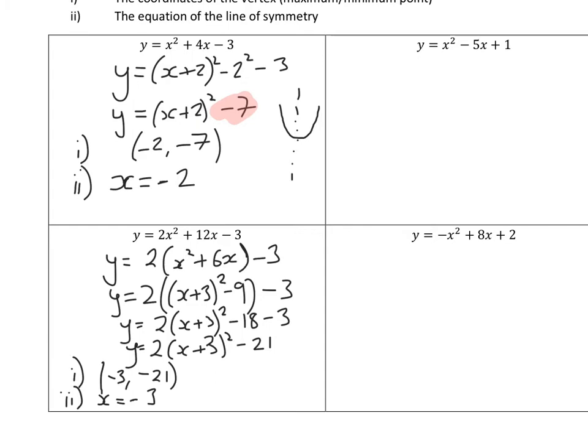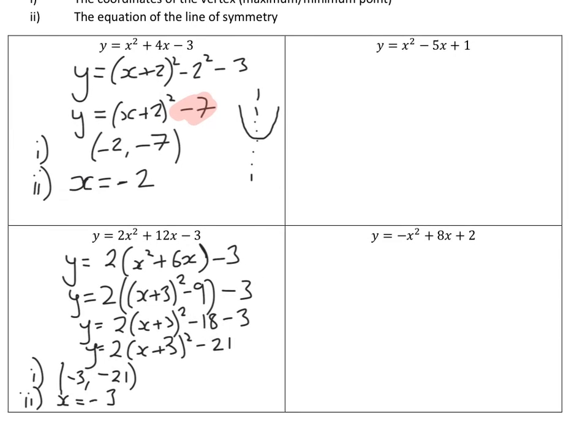If you have a graphical calculator by now, can you try the next ones yourself? I'll probably try and give you the answers at the end. The only hint I'm going to give you is for this bottom one here.